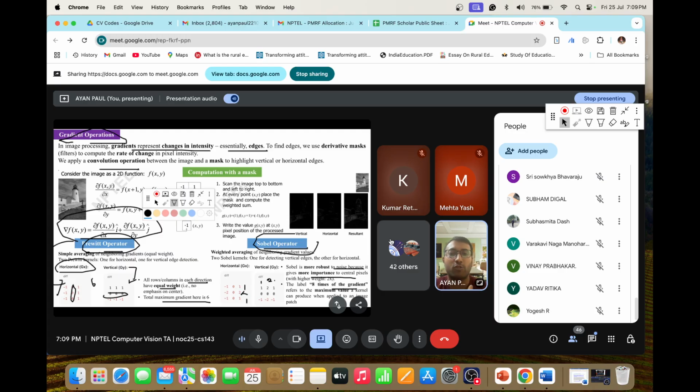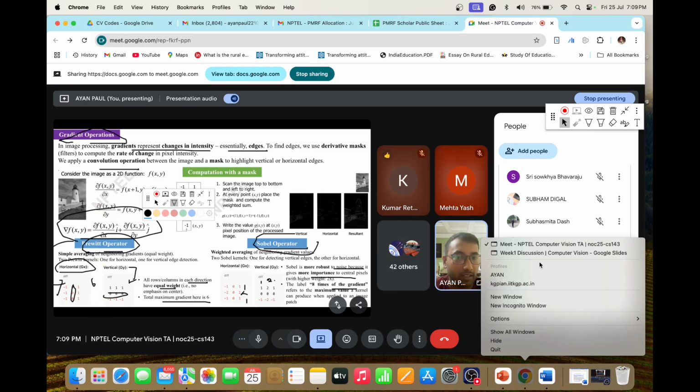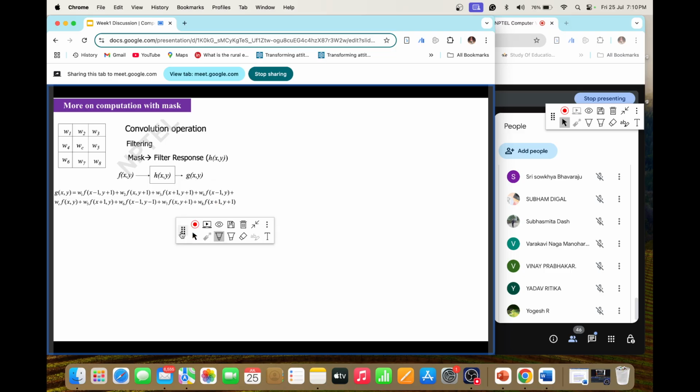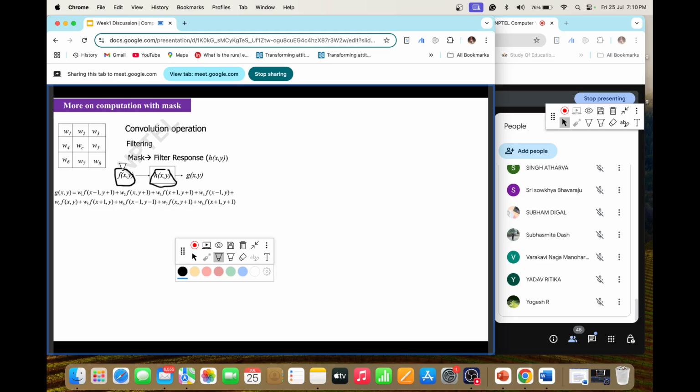Masking means you just do the convolution operation, meaning some values are already present and you are imposing a mask on it. Let me show you the next thing, it will be much clearer. This is a convolution operation. Let's say hxy is your mask, and this is your original function fxy, and you are getting the gxy function.